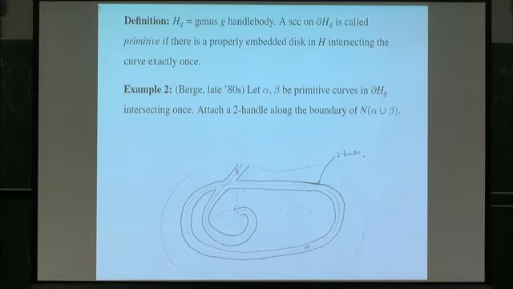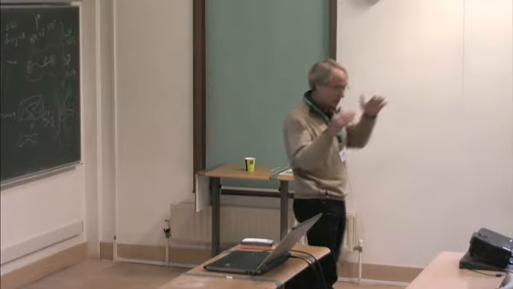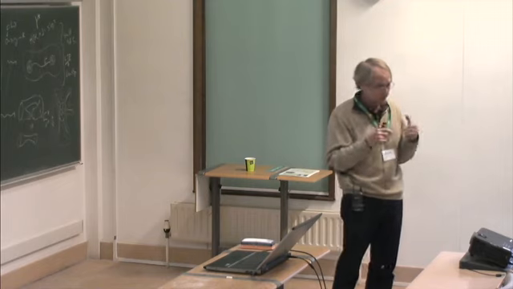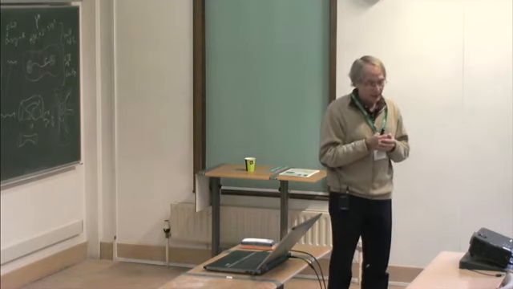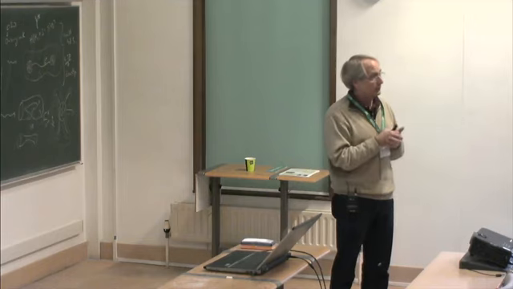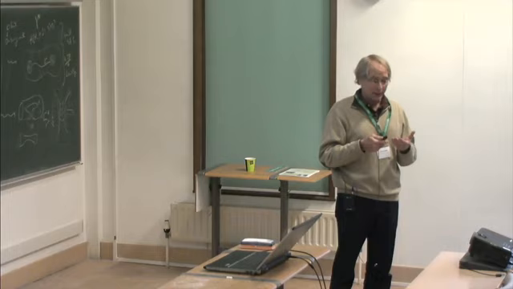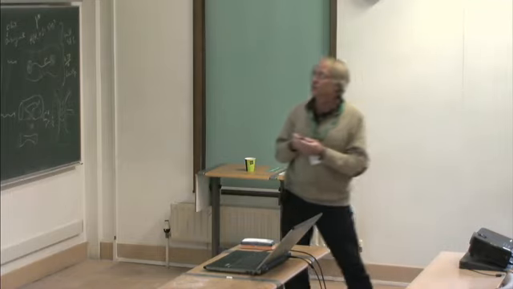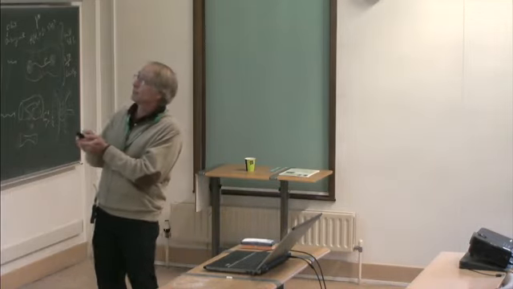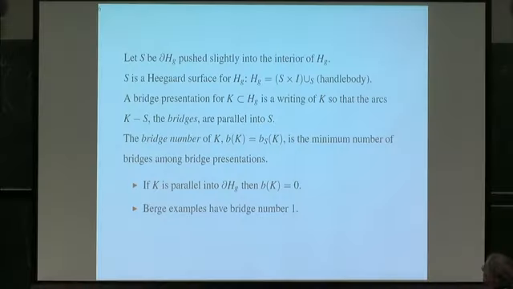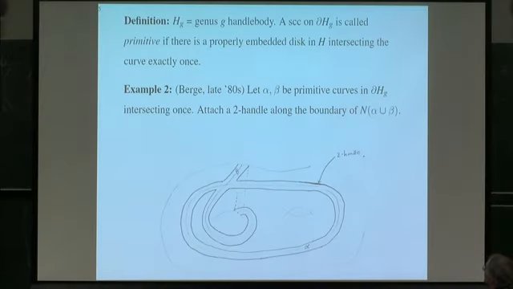That's a manifold with two boundary components, a torus boundary component and a genus g boundary component. And then you can see that it's the exterior of a knot in a handlebody, because if you do a Dehn filling along alpha, that's the same thing as attaching a 2-handle along alpha to this handlebody, so you get a handlebody back again.